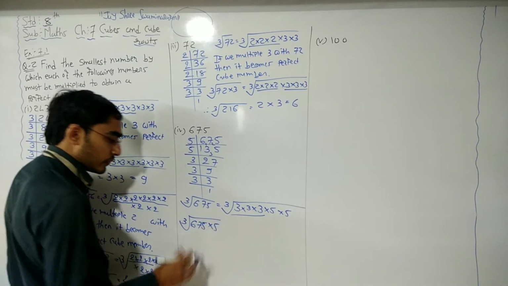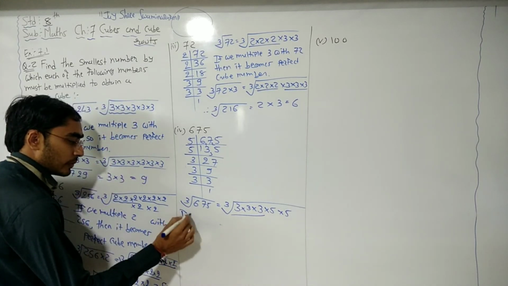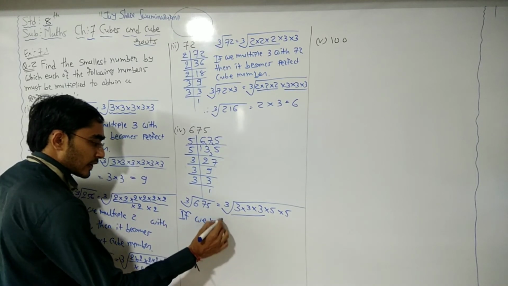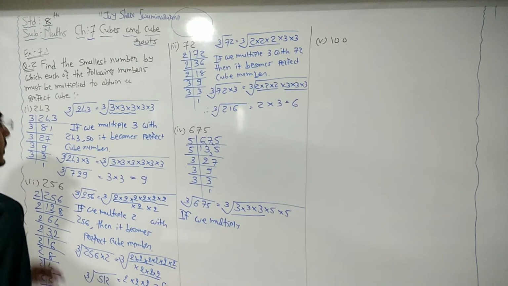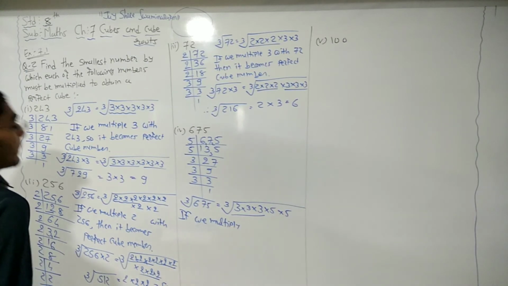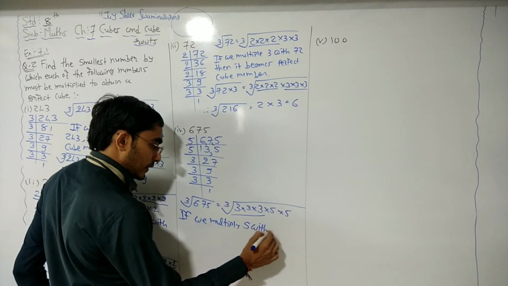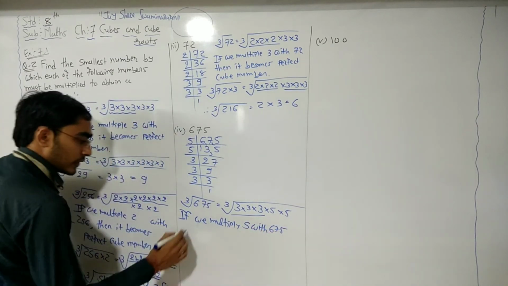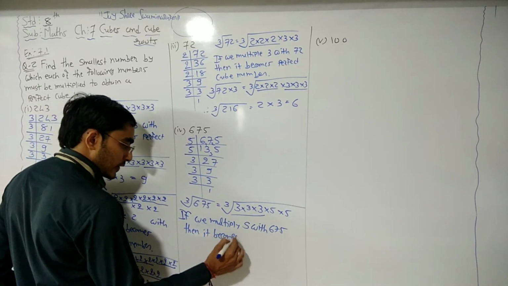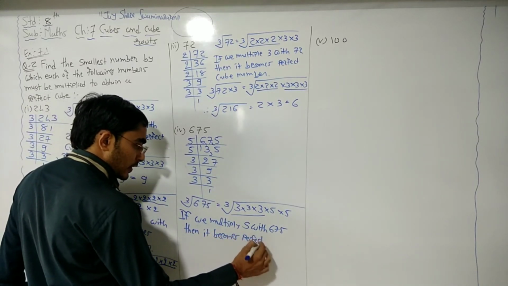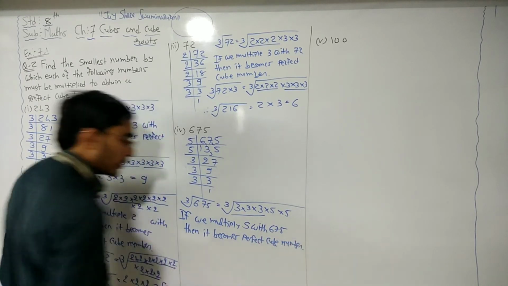So here 675 multiply 5. Sorry, first of all we need to write here, if we multiply 5 with 675, then it becomes a perfect cube number.